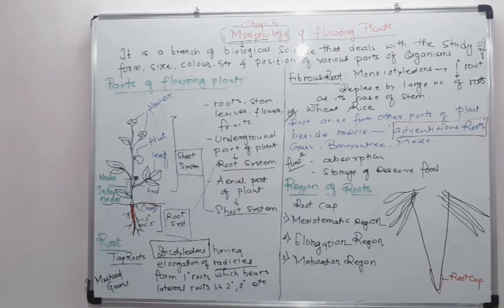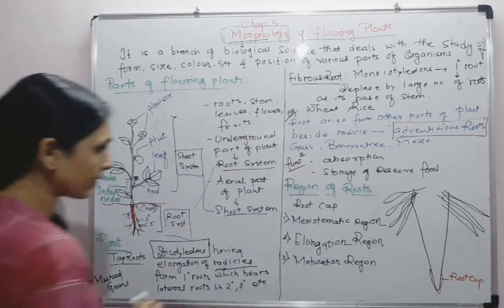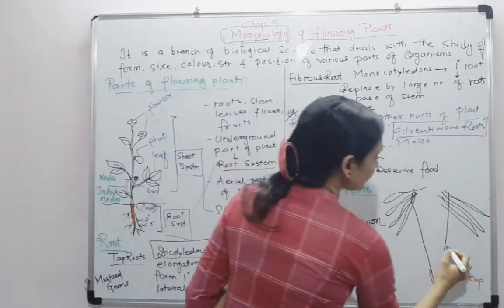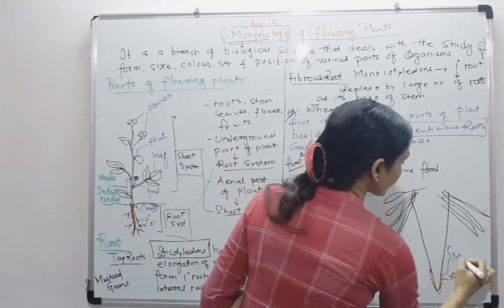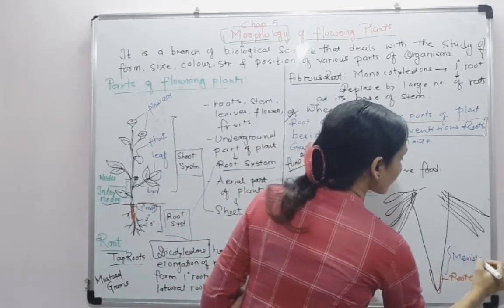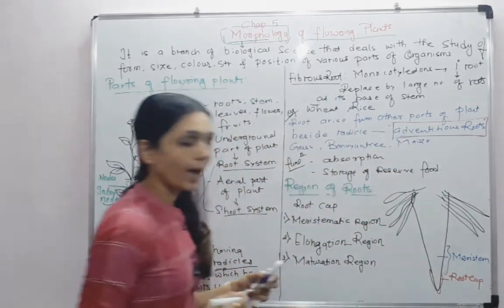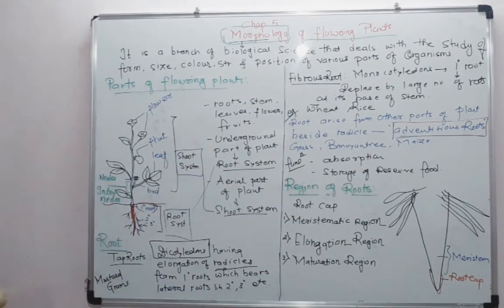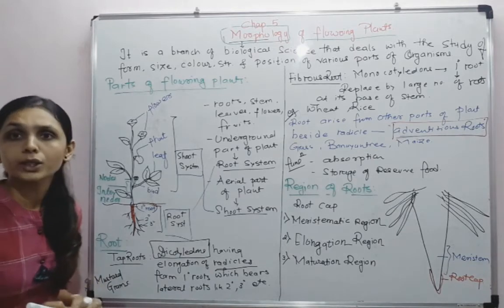Second one, most important part, meristematic region. A few millimeter above the root cap is the region of meristematic activity. We can say that meristematic region. Now, in lower standard, you have already discussed about the tissue, meristematic tissue, right?